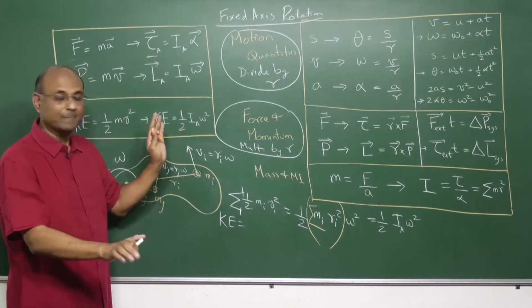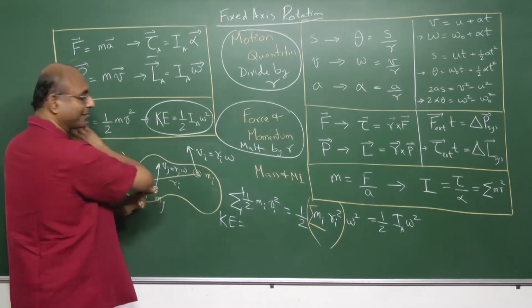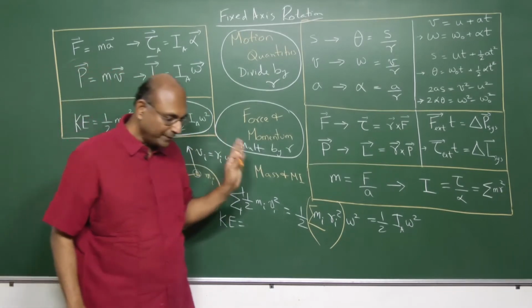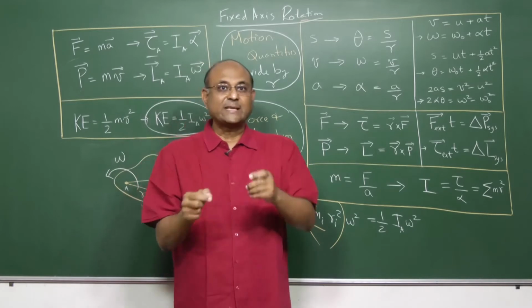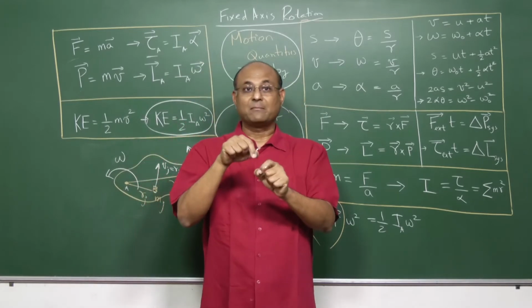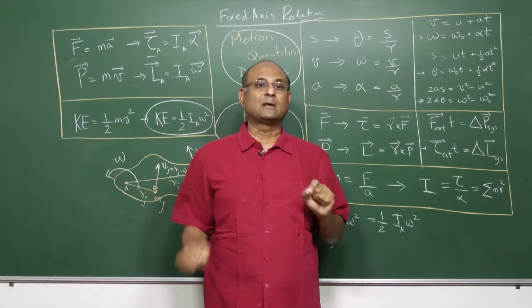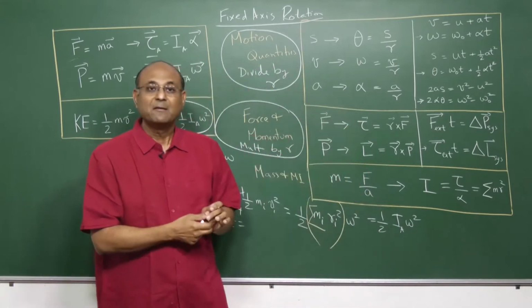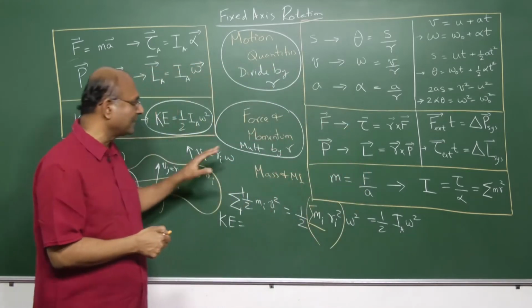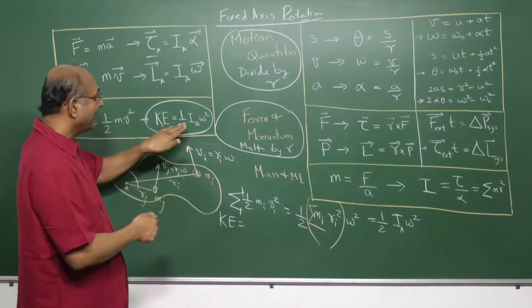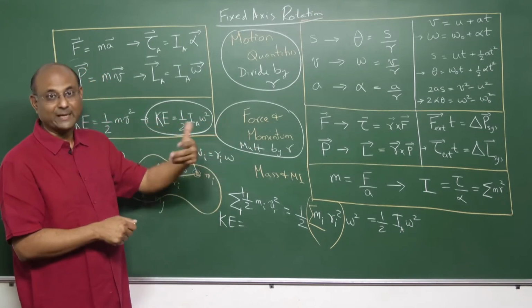This is the full kinetic energy. Over, done. There is a formula which will say half I center of mass omega square plus half mv square. We will come back to that formula. It is just an alternative to this that we will use sometimes.